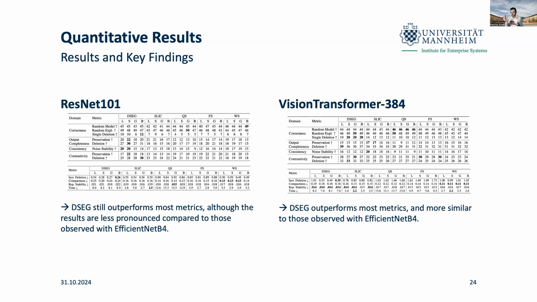For example, ResNet 100 and Vision Transformer 384 have a smaller resolution than EfficientNet. So if we use bigger models that accept higher resolution, we can also profit more from the segmentation performance of, for example, Segment Anything. But it is still mostly outperforming the others.